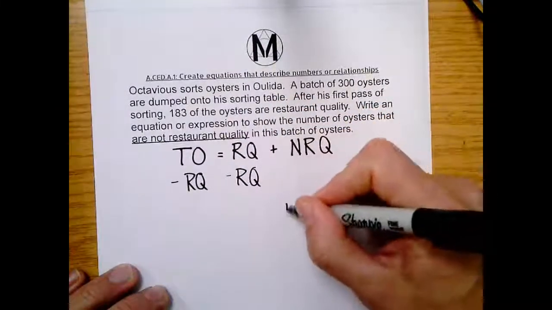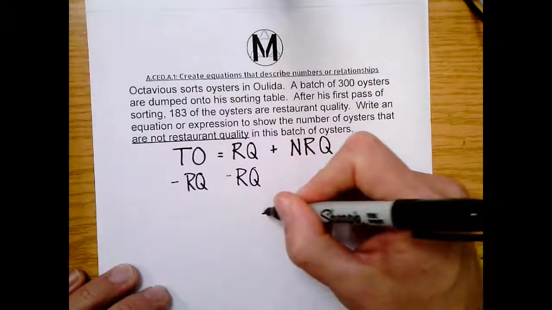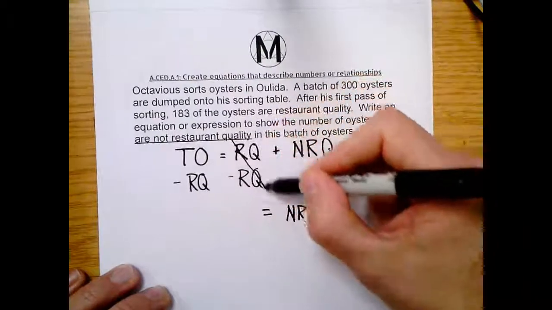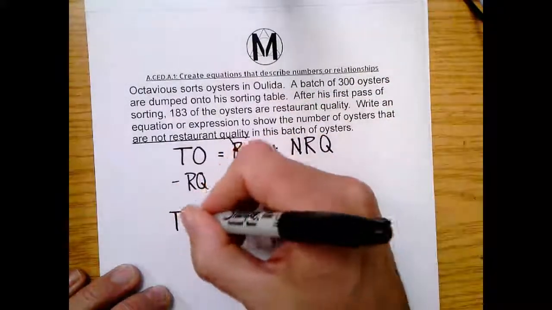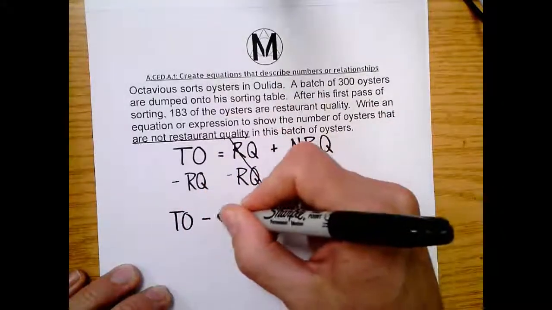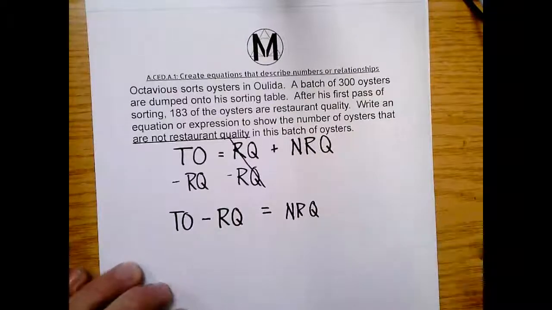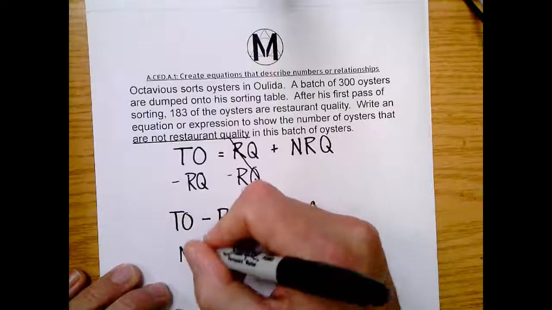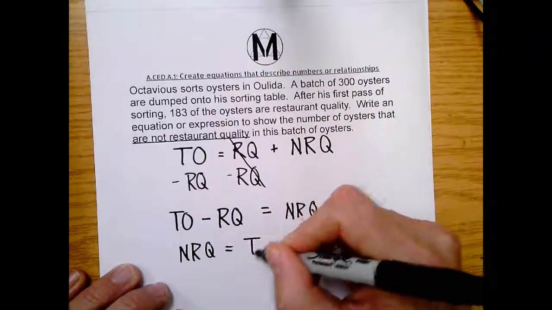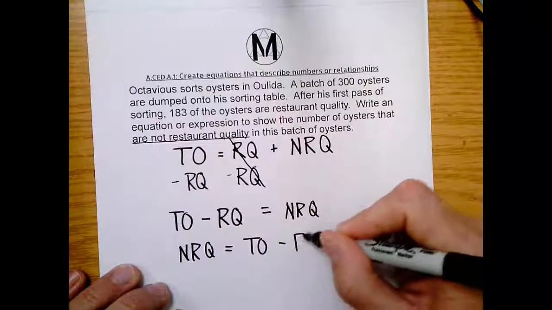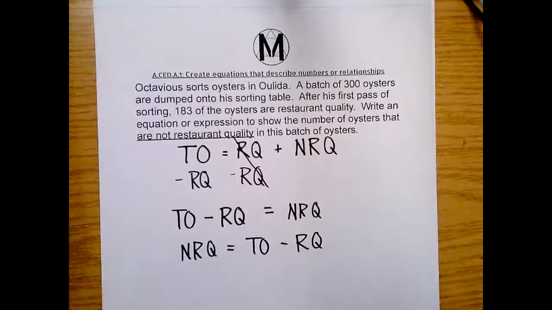So I know that I now have my not restaurant quality will be, so these canceled, total oysters minus restaurant quality. Now I'm just going to go ahead and flip this because it makes me feel better. So I know that not restaurant quality is the total oysters minus restaurant quality. Okay, so actually that right there would always tell the story.